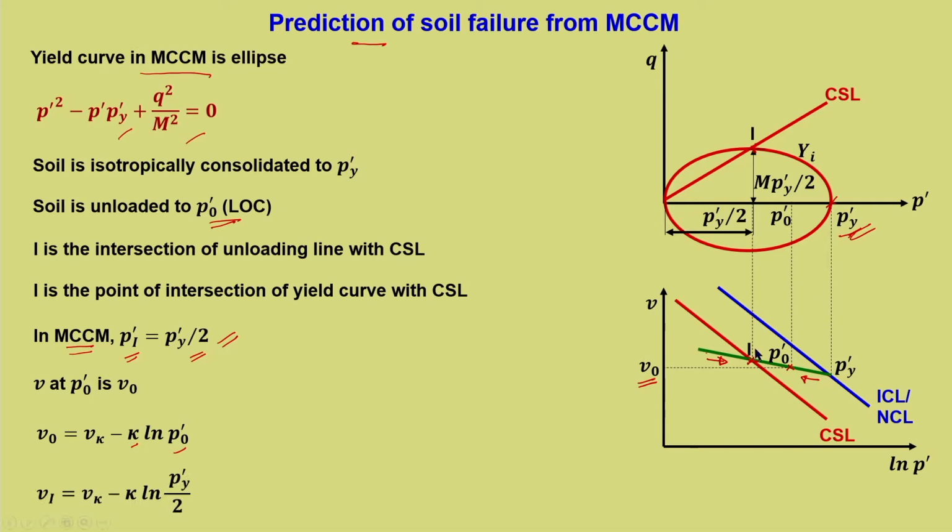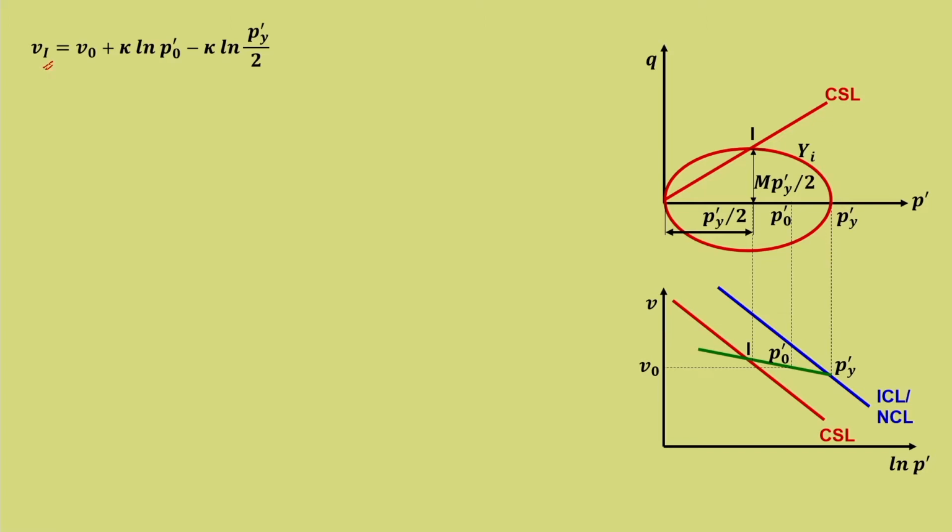Now, this point vI we can represent in terms of the unloading reloading line as well as in terms of the critical state line. In terms of the unloading reloading line, we can write vI is equal to v kappa minus kappa ln p'y by 2, since this particular point is at p'y by 2. We have vI is equal to v0 plus kappa ln p'0 minus kappa ln p'y by 2. Where does it come from?